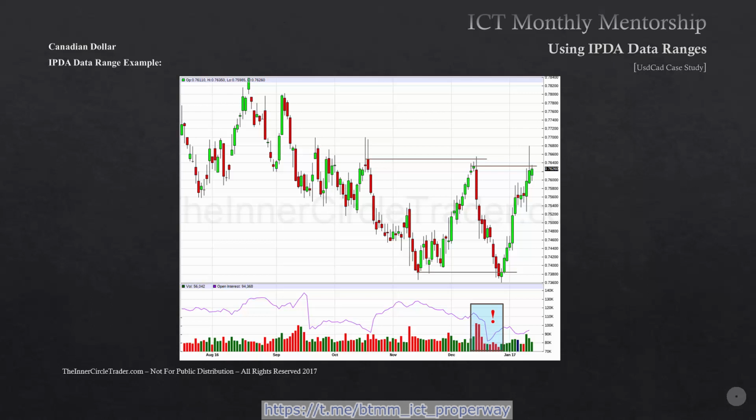Remember, we look back in higher time frame institutional order flow reference points: liquidity pools, order blocks, fair value gaps, equilibrium. All those price points we used and learned in September, we look for those in our higher time frame charts. We're seeing a liquidity pool in the form of a sell stop resting around 73.80.